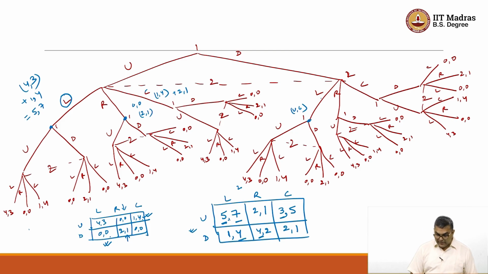So in a way, you see here we get this stage equilibrium as U comma L, which is not a Nash equilibrium. So here the shadow of future matters, because there are two Nash equilibria. So one Nash equilibrium is better than the other for some player, and that can be used to induce them to play this game in a particular manner.